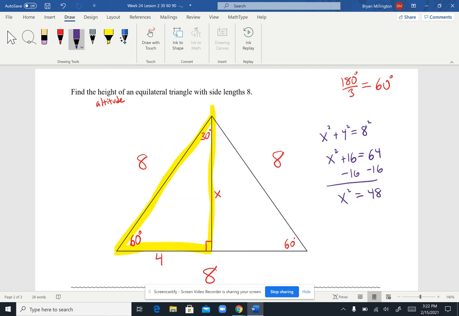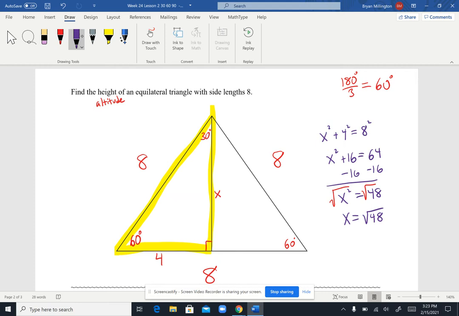Then I want to square root both sides just to get x by itself, so x equals the square root of 48. If you check that in your calculator, it's not a perfect square. It is really close to 7. It's a little less than 7 because the square root of 49 would be 7.